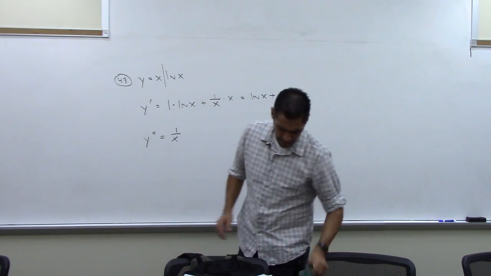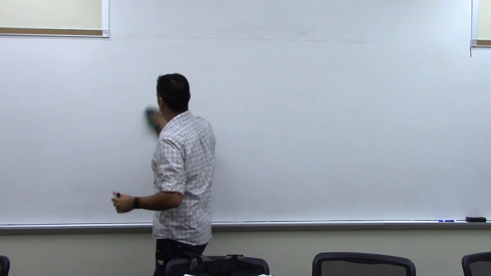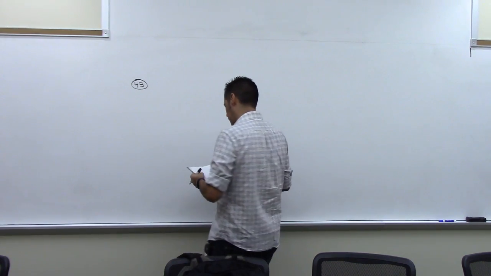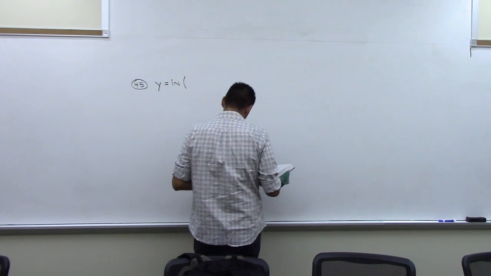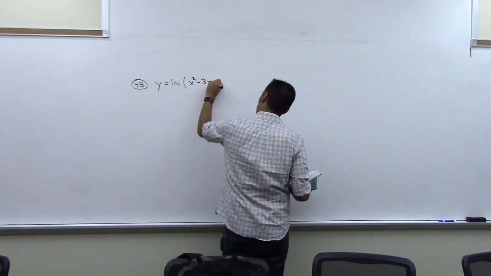All right, 45. y equals natural log of x squared minus 3x plus 1.